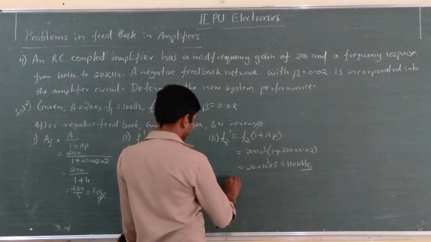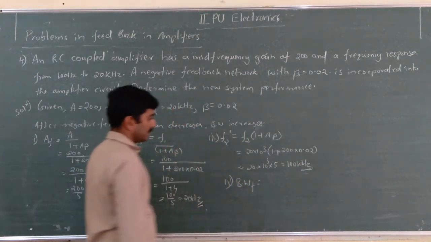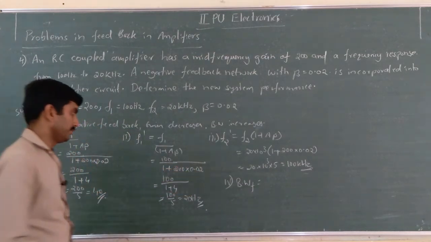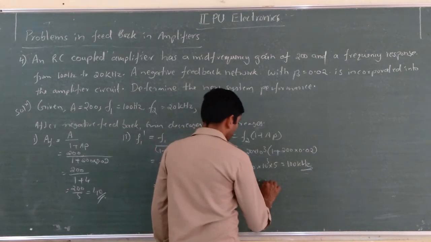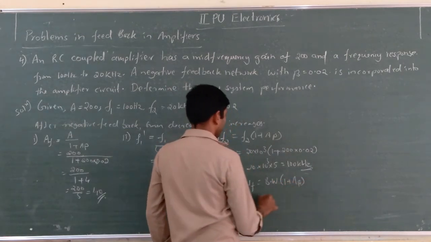Okay. Fourth one, bandwidth with feedback is equal to bandwidth without feedback into 1 plus A beta. Bandwidth increases.